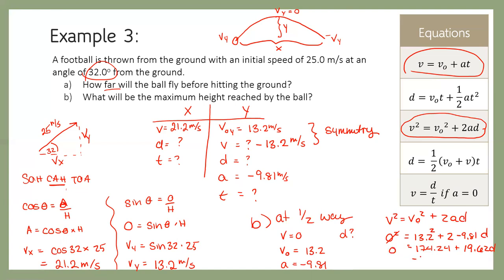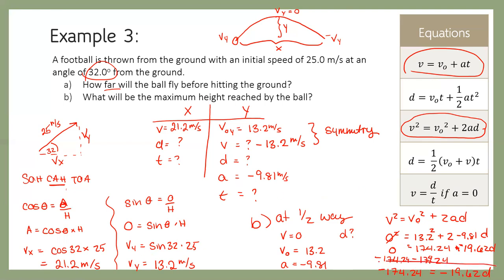Moving things over, minus 174.24, and then we're going to get negative 174.24 equals negative 19.62d, and then we're going to divide both sides.